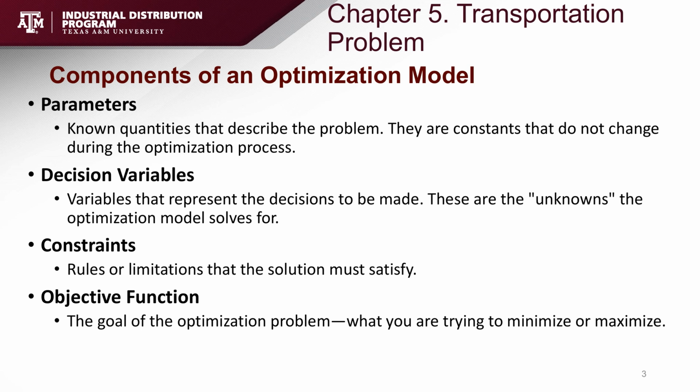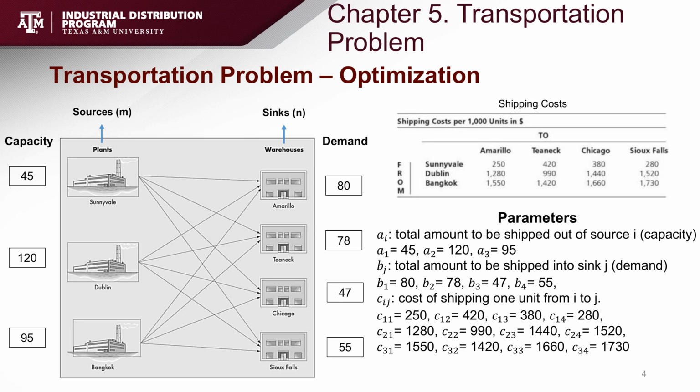Third, constraints, the rules any acceptable solution has to respect. And fourth, the objective function, the one thing we're trying to make as small or as large as possible. Remember these 4 because every model in this course, no matter how fancy, is really just these same 4 pieces in different formats.